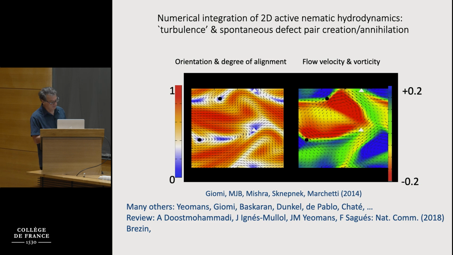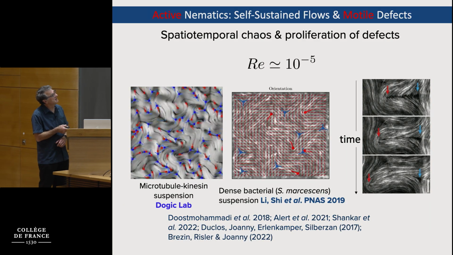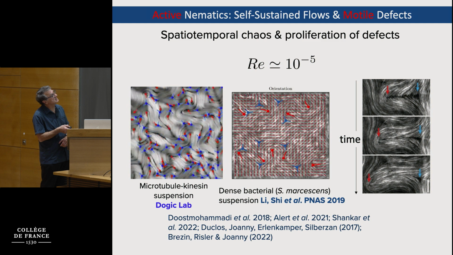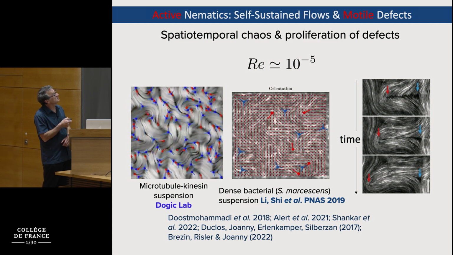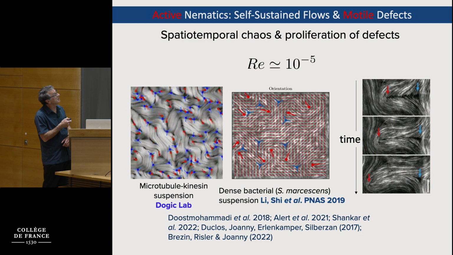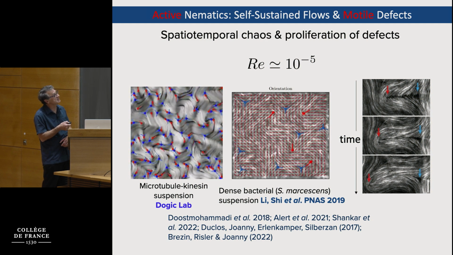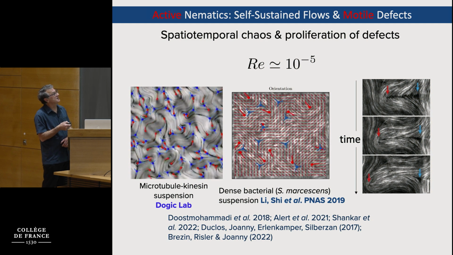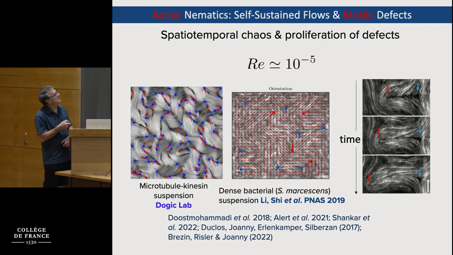Here's just another picture from different systems. It's known in bacterial systems, all these references here. Here's plus or minus defects swirling around. This is the microtubule kinesin system. This is a dense bacterial system. You can have vibrating rods and beads and all kinds of things.